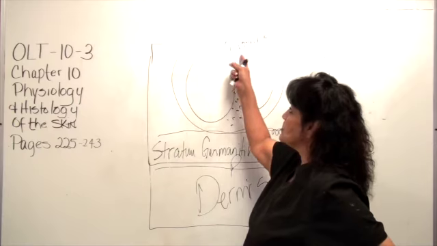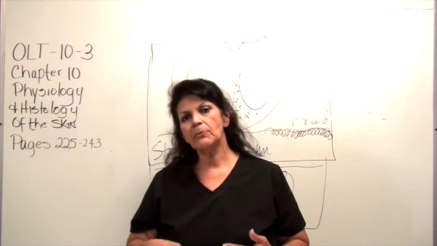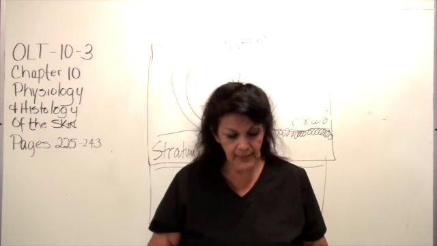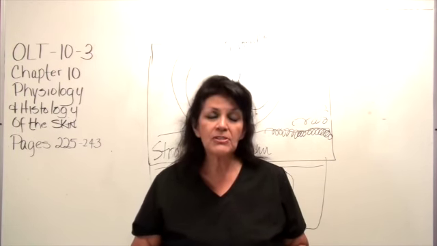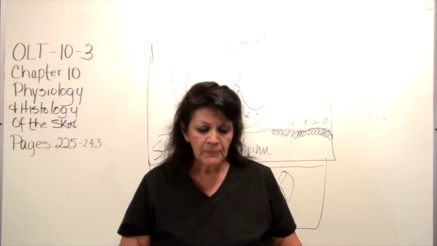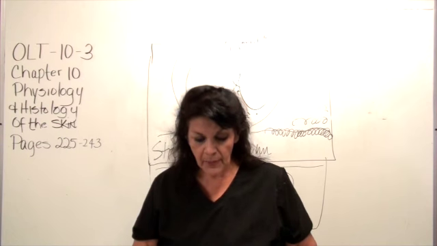And so these are the tyrosinase enzymes. So how do we get them to stop? Well, we use tyrosinase inhibitors. And there's a couple of them on the market that are used a lot in skincare that help to retard the production of the melanin.